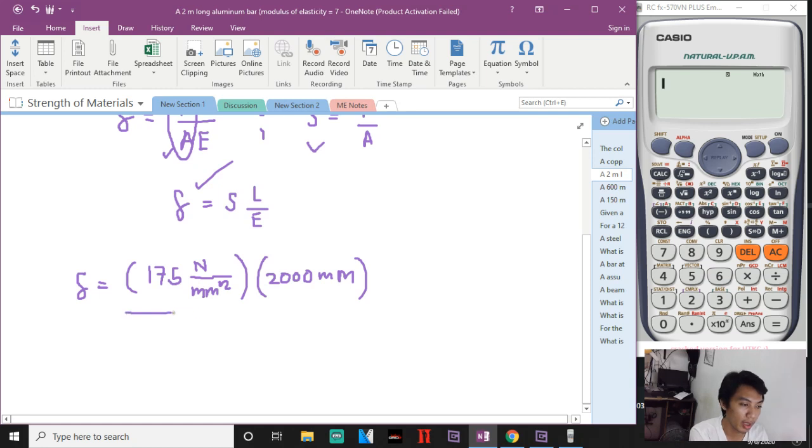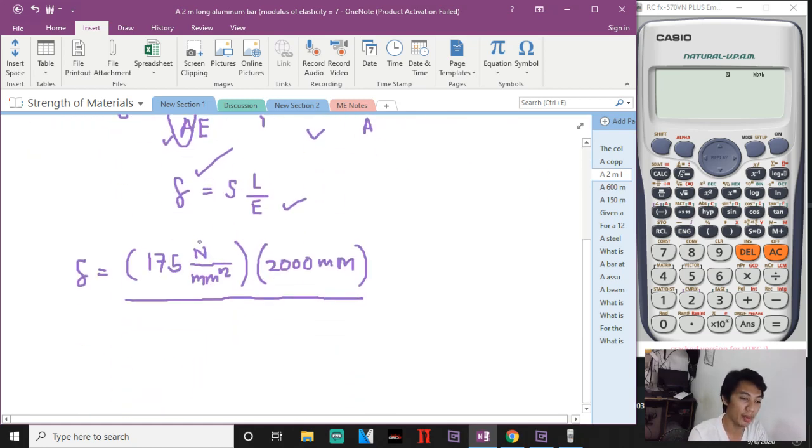Okay. And then we will divide it with the elasticity. The elasticity is given 70 GPa. Okay? 70 GPa. So, you will multiply that with 1,000 para maging MPa. Okay? 70,000 Newton per millimeter squared. Now, we can cancel the same units.